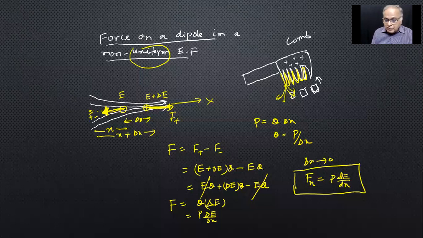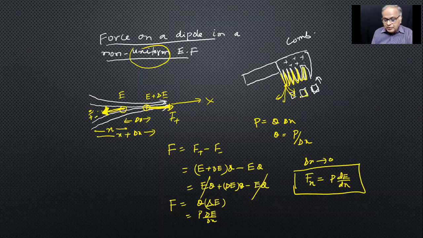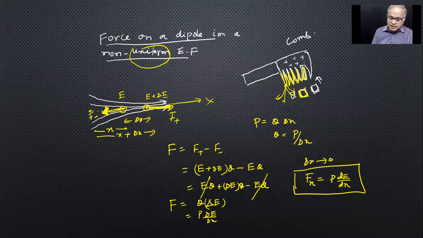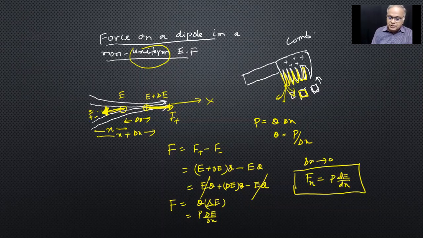And this field will induce dipoles in the paper. Paper is also a dielectric medium. Dipoles are induced there. Do you follow? So a force develops in the dipole so that it gets attracted.